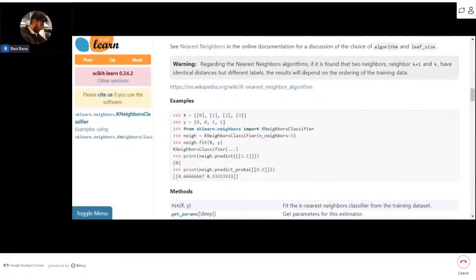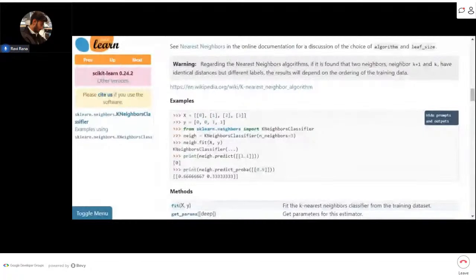We have several X values, the training data, our features, which are 0, 1, 2, 3, and our target values y are 0, 0, 1, 1. So we will import KNeighborsClassifier from sklearn.neighbors and make an object of it, initializing it as KNeighborsClassifier with n_neighbors equal to 3.